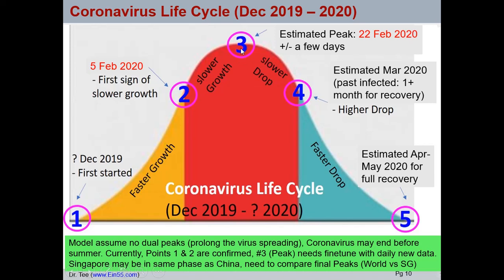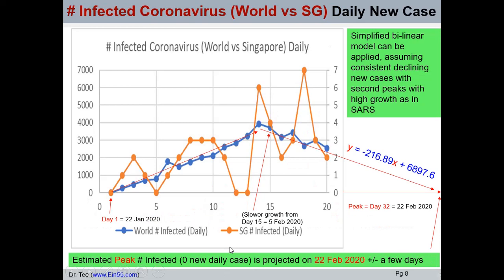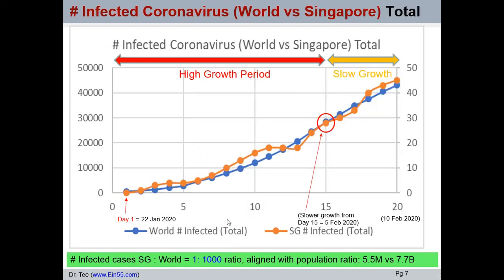So point three will be crucial, because between Singapore and China or the rest of the whole world, there could be a lagging effect, because the first case in Singapore is probably a month later than in China. But based on the earliest chart, we can see both countries are quite aligned.